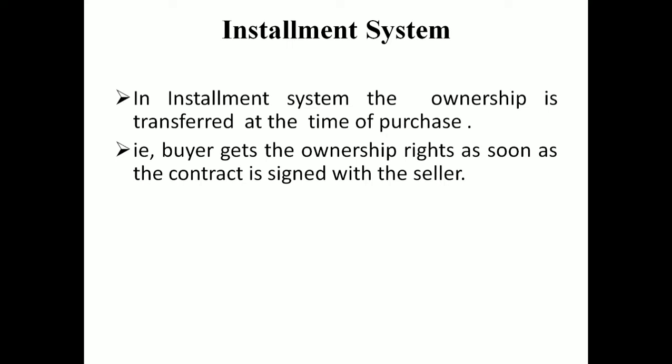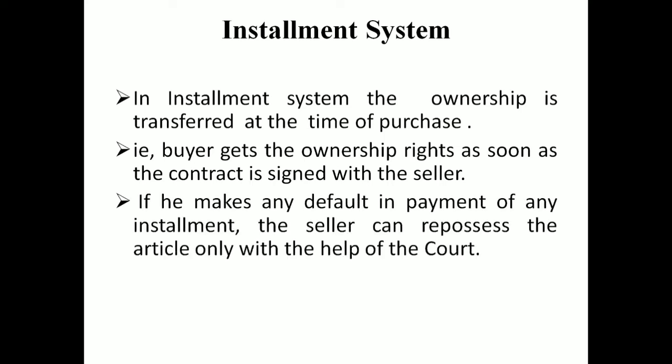Normally there will be a contract or agreement, enforceable by law, between the two parties, the buyer and the seller. Whenever the buyer signs the contract with the seller, the ownership is automatically transferred from the seller to the buyer. So that is another important characteristic.